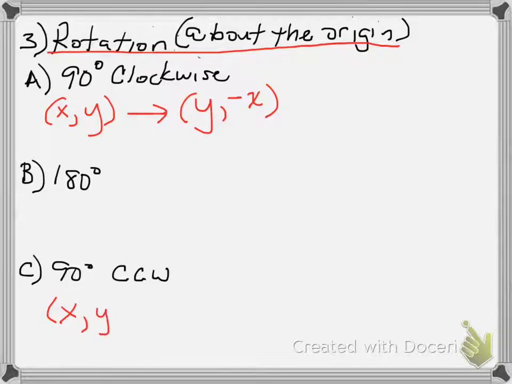It's actually the opposite of what I wrote up there. The x of the image will be the opposite of y, and the y becomes our x. So it's the opposite going the other way.